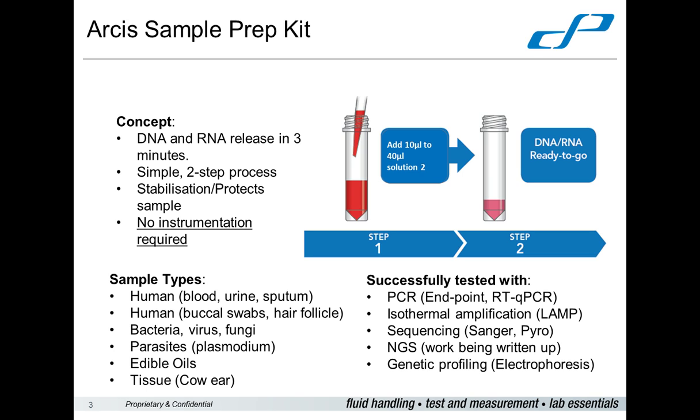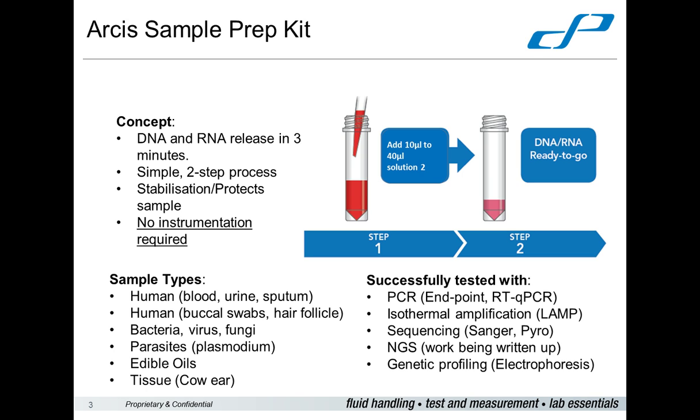Hair follicles, bacteria, gram-positive, gram-negative, virals, parasites like Plasmodium, edible oils, which is a rather tricky thing to extract from because of the high fat content, obviously. And then recently, the guys have done some work on tissue with cow ear, which I believe was a shaved cow ear at this time rather than an unshaved one.